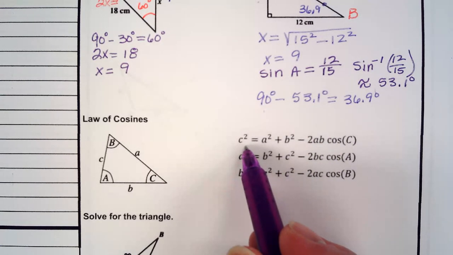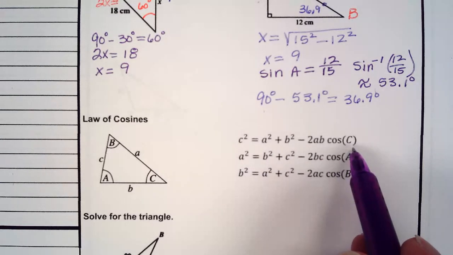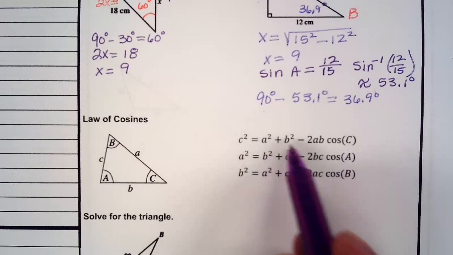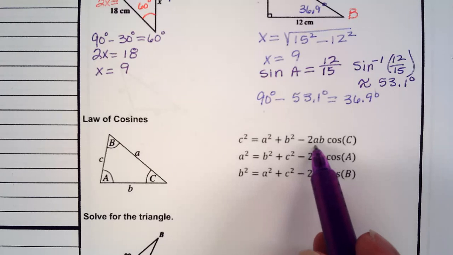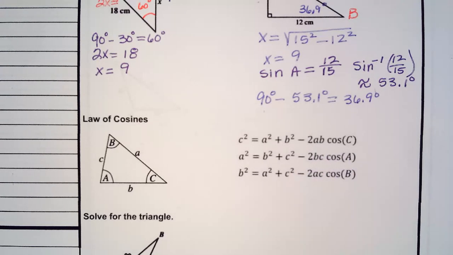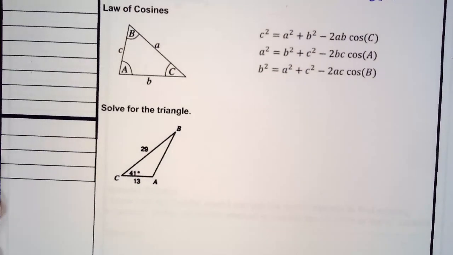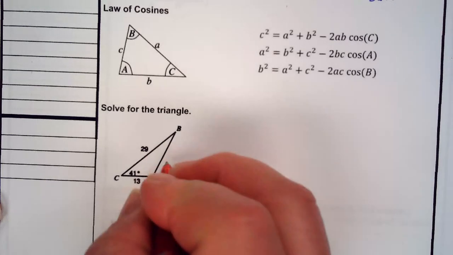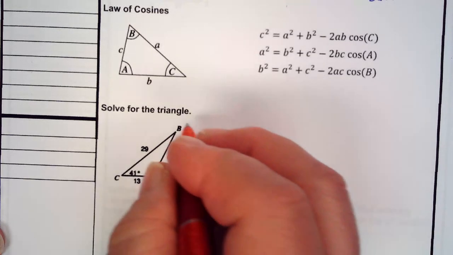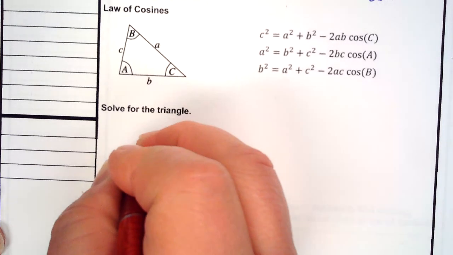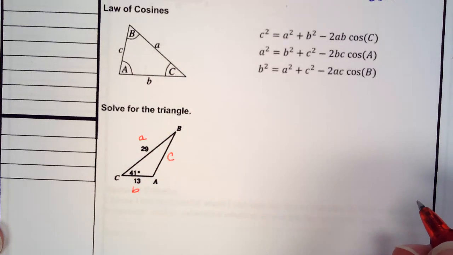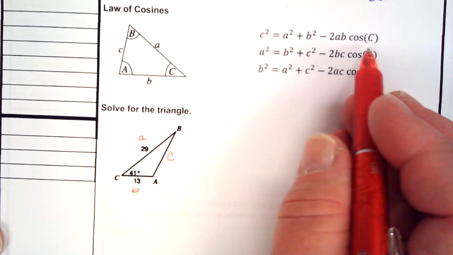C squared is equal to, and over here you've got cosine C. You're squaring the two sides and then you're subtracting 2 times AB times cosine of C. So if we remember how it's set up, this would be side C, this would be side B, and this would be side A. So we're going to apply that first formula.